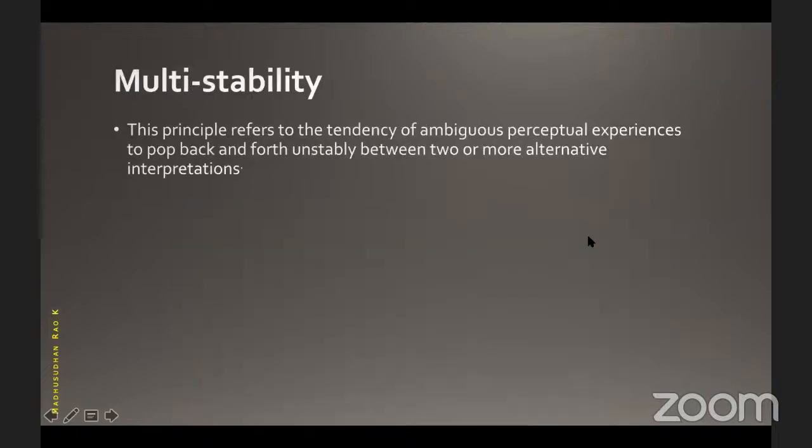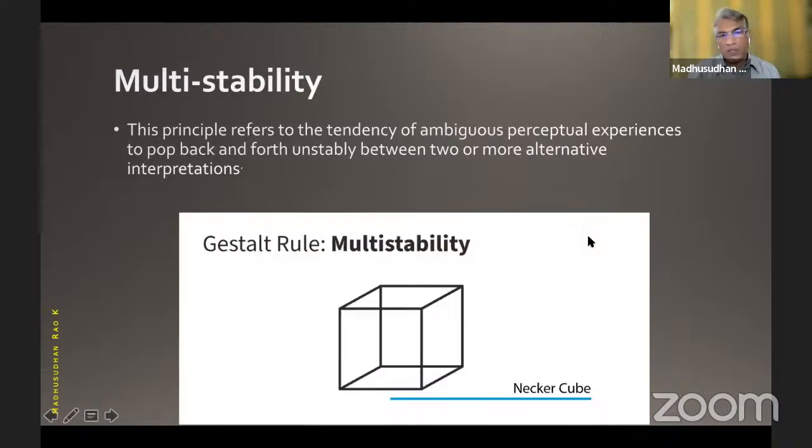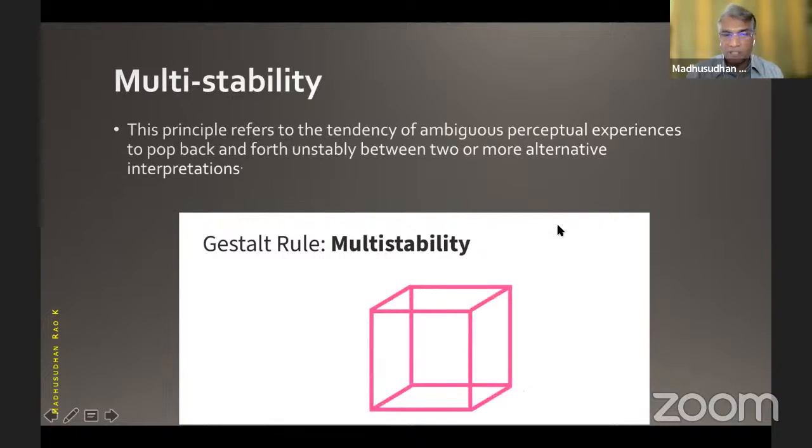Now, what is this multi-stability? It's a Necker cube. This is used for creating illusions. I may show you the color one, but it doesn't make any difference.